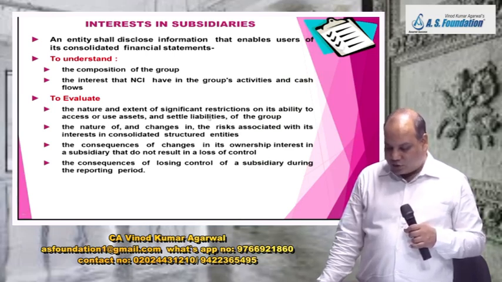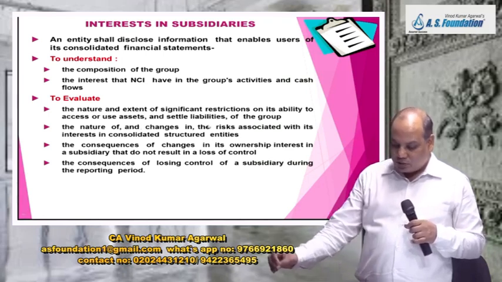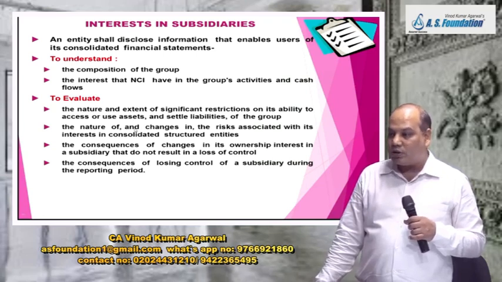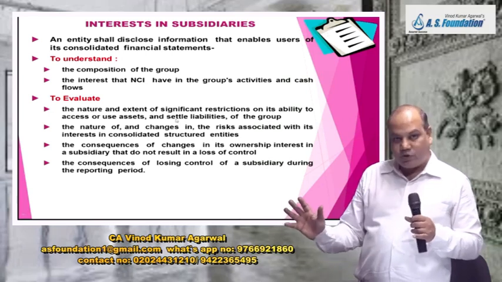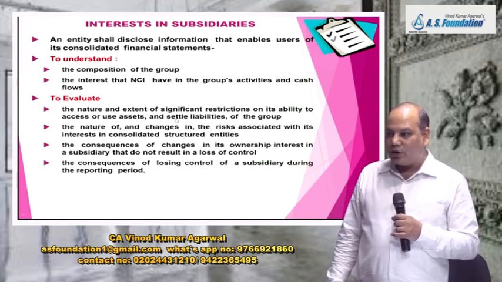So any restriction on use of assets, settlement of liabilities, give disclosures, because this will help us to understand the risk and return of that group. Such information is useful for the stakeholders. When you give a loan to a group, one has to see whether those assets can be disposed or not, in case I have to recover my money.